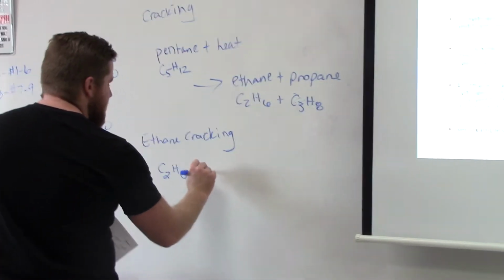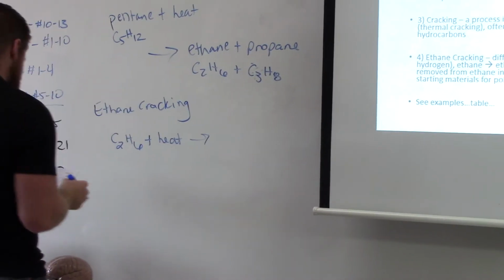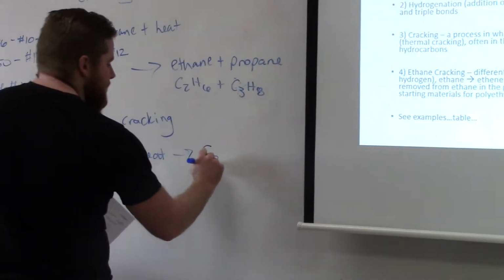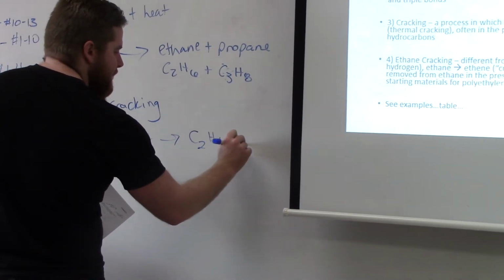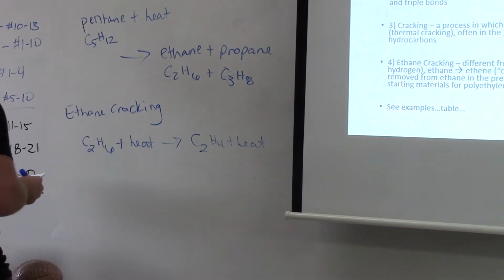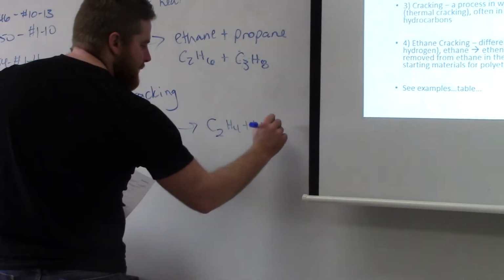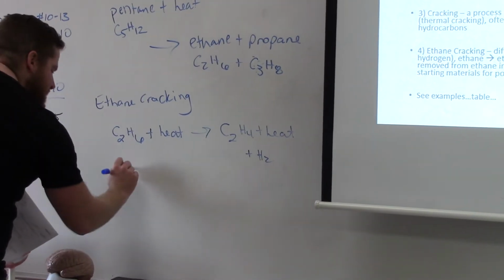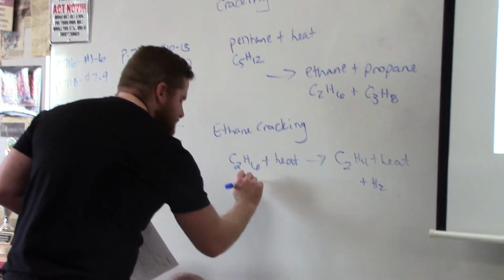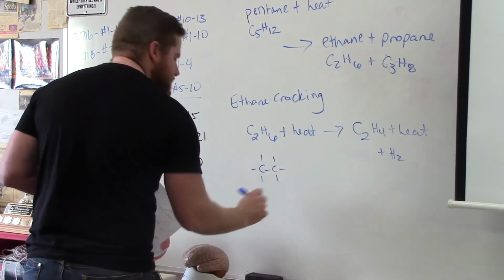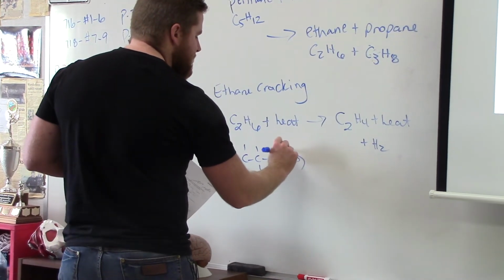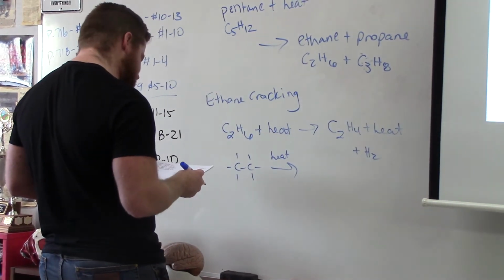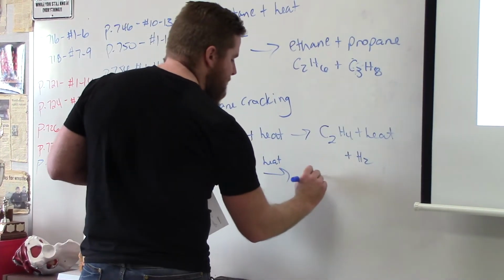So plus heat, and this is going to make C2H4 plus H2. I'm just going to use a skeleton equation here. Use heat and possibly other catalysts to make ethene.